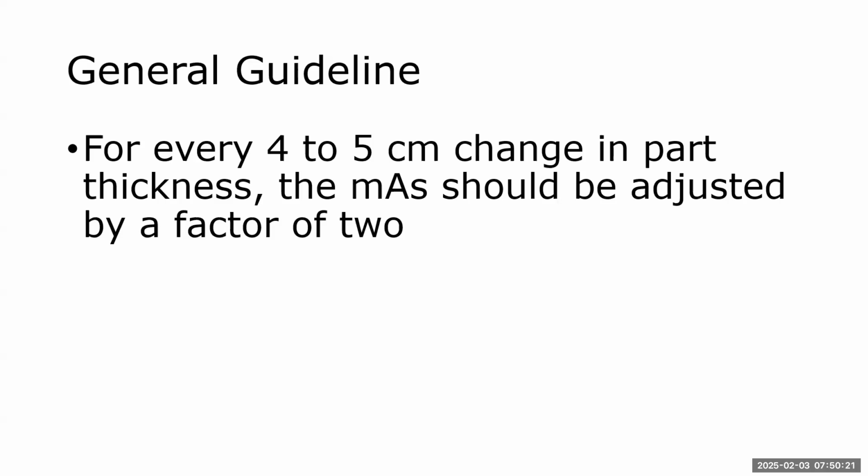With the kVp, it was 4 centimeters. So if your part thickness changes by 4 to 5 centimeters, then you're going to adjust your mAs value by a factor of 2. So if your part thickness is 4 to 5 centimeters more, you're going to use twice the mAs that you would have used at the normal thickness. Does that make sense? And then if it's 4 to 5 centimeters less, you would use half.